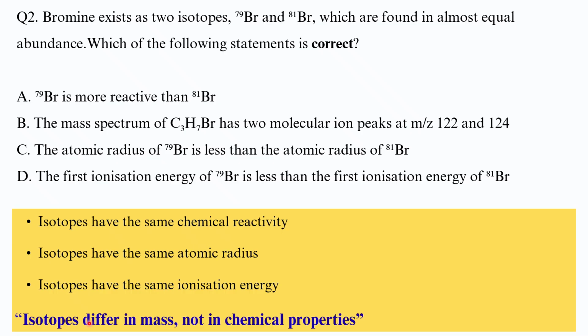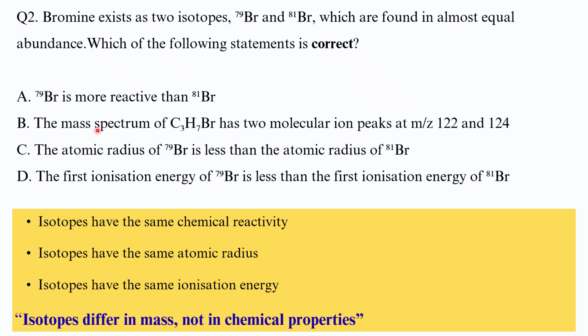So remember that isotopes differ in mass, but their chemical properties are the same. This means all three options, different reactivity, different radius and different ionization energy, are incorrect. So if you follow the elimination method, you are directly led to the correct answer.